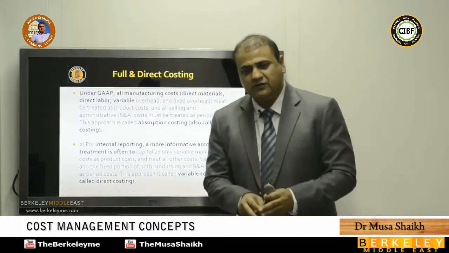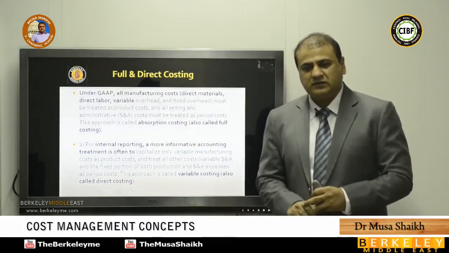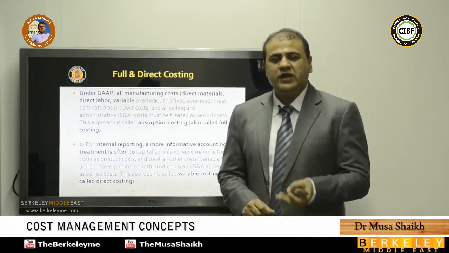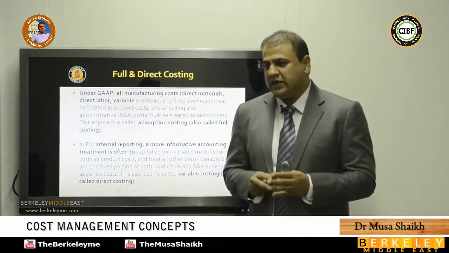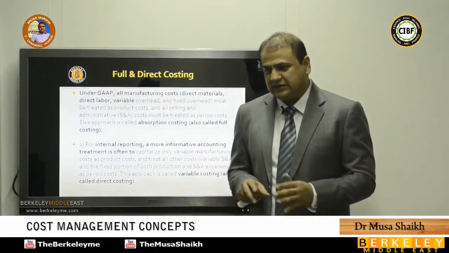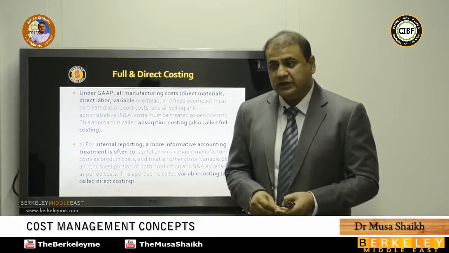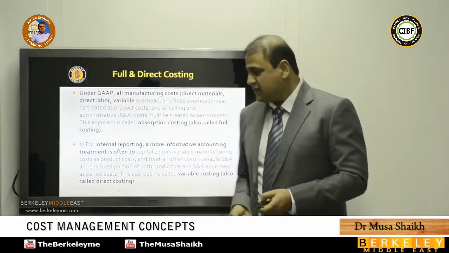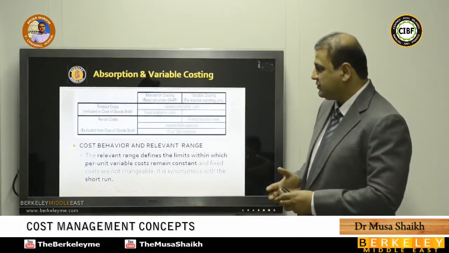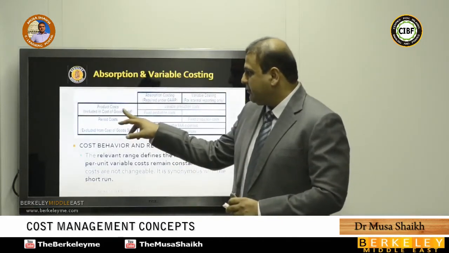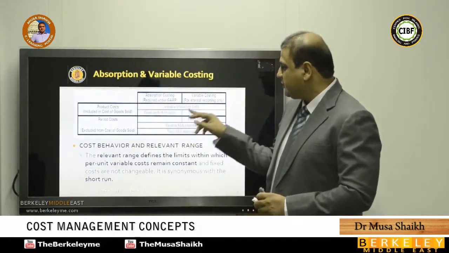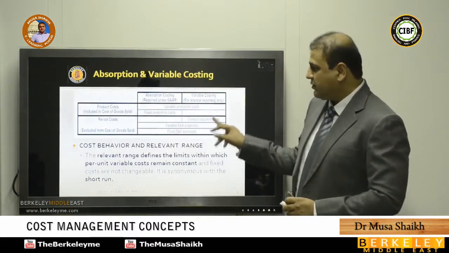So we have two types of costing system: one is absorption and one is variable. In variable, we take everything that is variable as a part of the product cost, right? In absorption, we take all of this as a product cost. I will show you this diagram. Product cost: you can see this is absorption costing and this is variable costing.